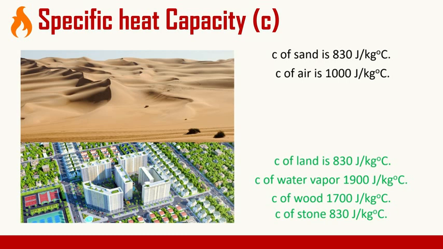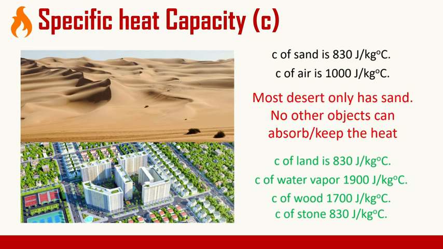What happened now? Most deserts only have sand. No other object can absorb or keep the heat. That's why it's gonna heat up really fast because all is absorbed by the sand and air only. And then it's gonna cool down fast because nothing else can keep the heat, compared to the town.